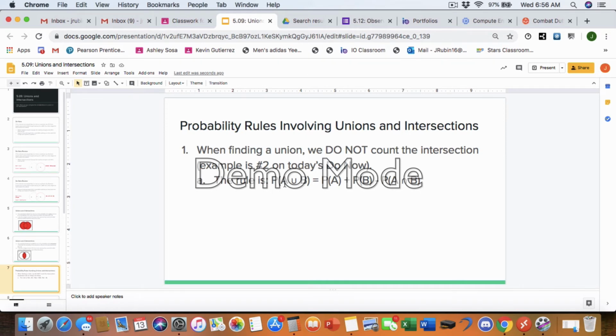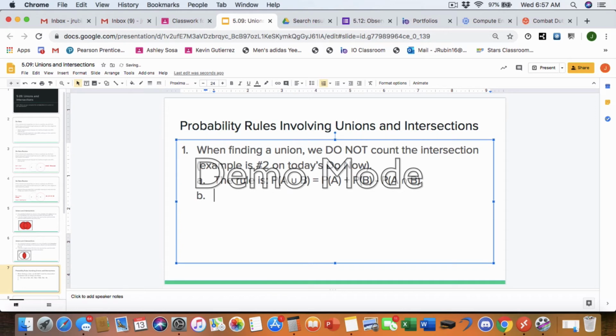So the rule is the probability of A union B is the probability of A plus the probability of B minus the probability of A and B. I'm going to write that out for you: probability of A plus probability of B minus the probability of A and B. Again, those doubles, those ands, are counted twice, so we need to make sure we remove that.